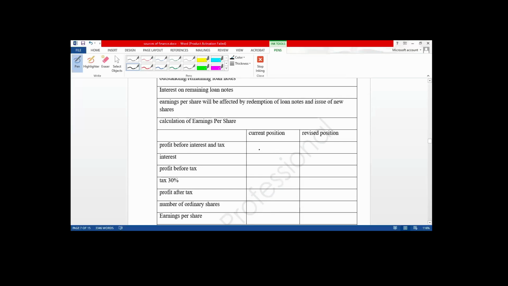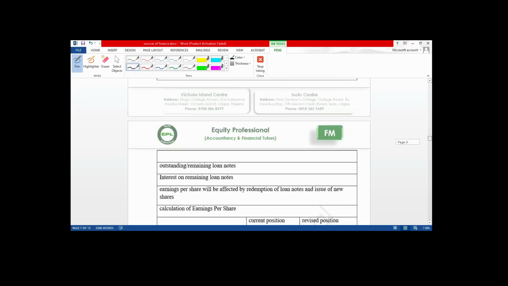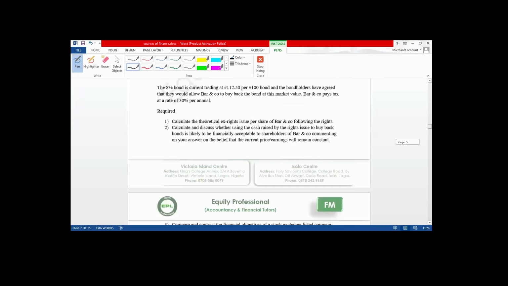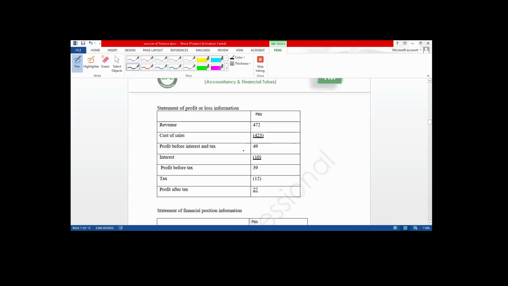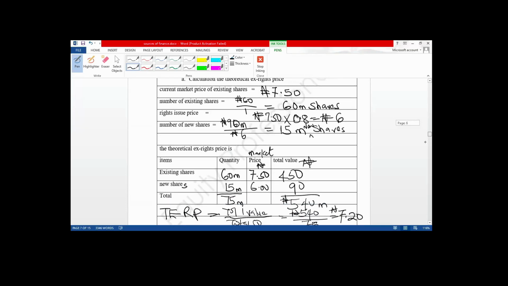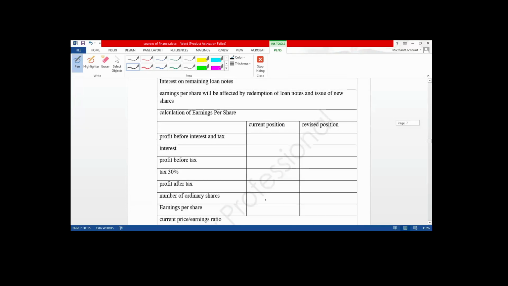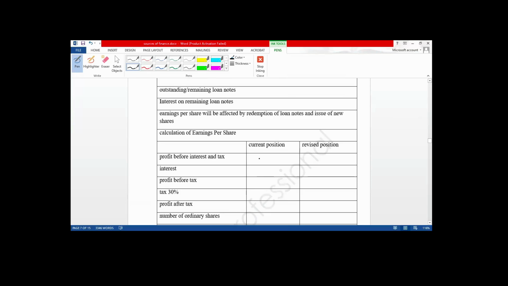You start with your profits before interest and tax. Check the statement you are given. It is equal to 49 million.